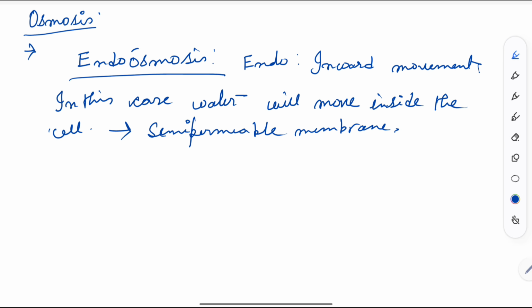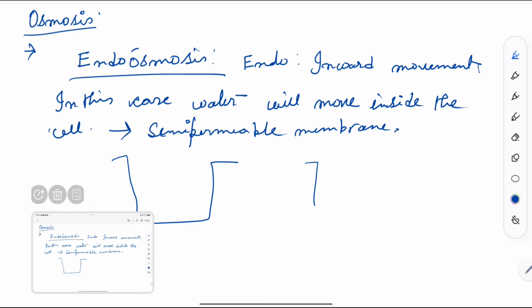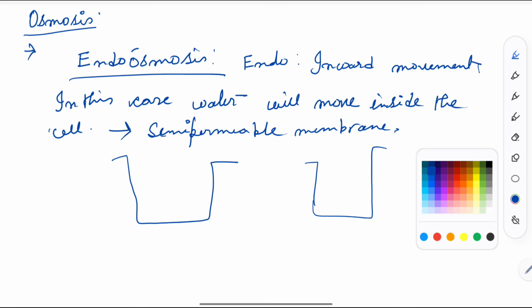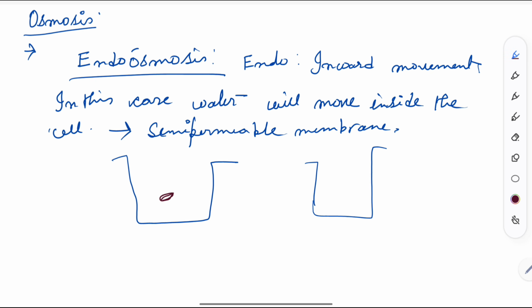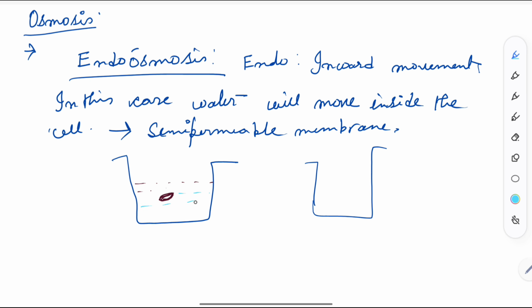Fine. Now let me give you one example. Suppose you take two beakers. You take a resin here. This is a resin and this beaker is filled with water. This is the scenario.